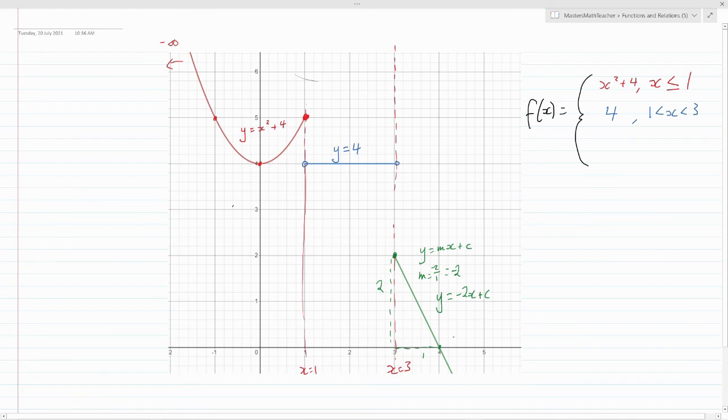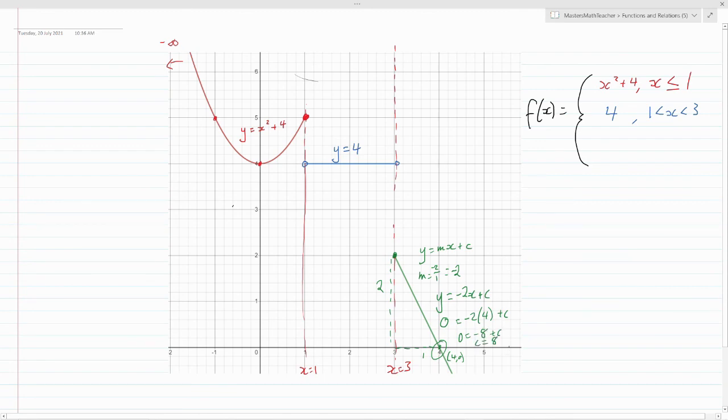We can find c by subbing in one of the points. Let's take the intercept point here. It's a nice one to use. So I'm going to go with 0, because this has the coordinate (4, 0): 0 equals negative 2 times 4 plus c. 0 equals negative 8 plus c, so c equals 8.